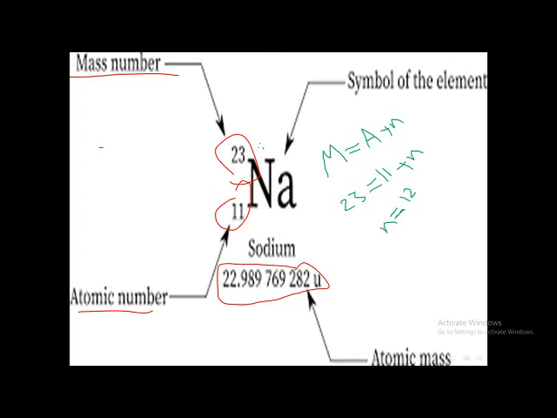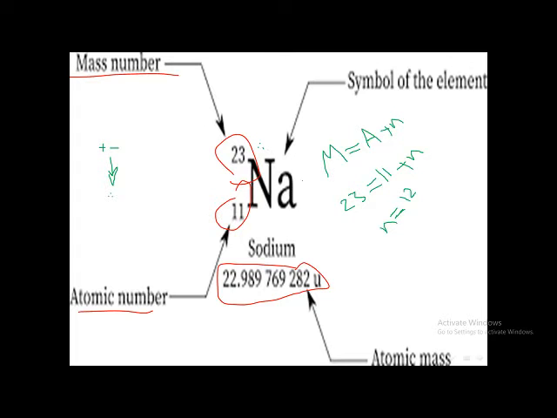Because if the positive and negative charges have the same amount, the component is neutral. So if we have the same amount of protons and electrons, we have a neutral atom.